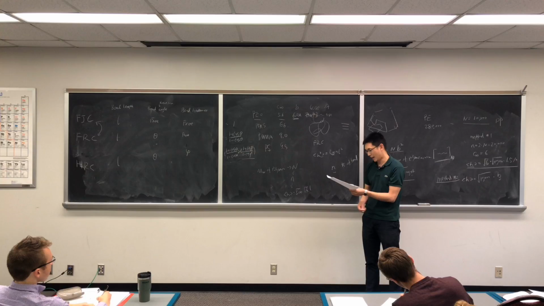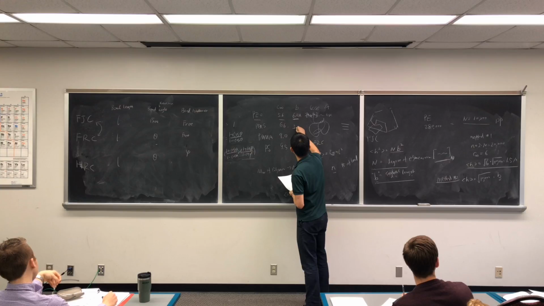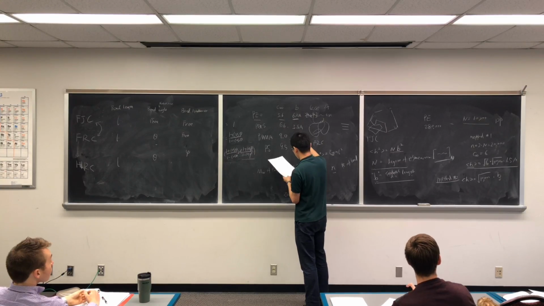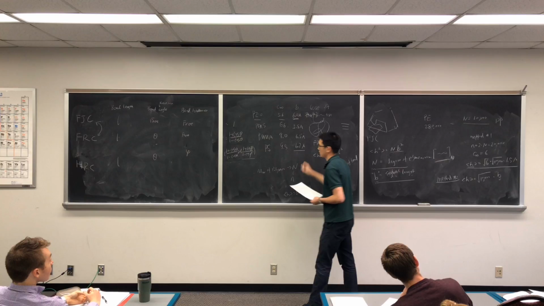And I'll give you a few more examples. So PDMS has 5.8. PMMA has 6.5. And polystyrene has 6.7 angstrom.